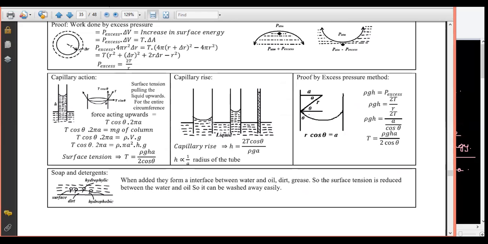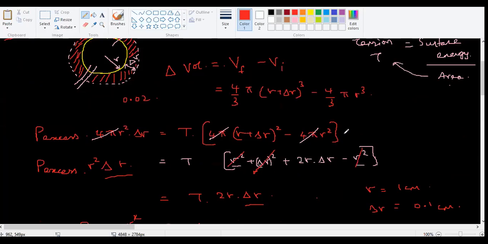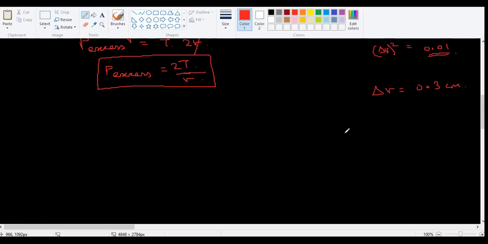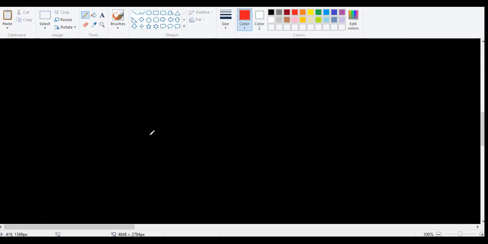This is a very interesting experiment. We have this experiment in the lab. You can observe this in a straw also, when you insert a straw inside your juice or water or something.